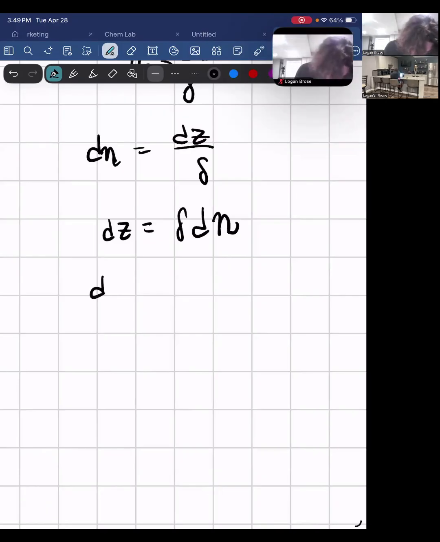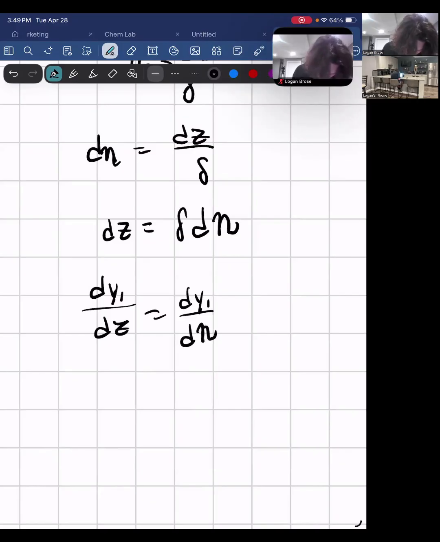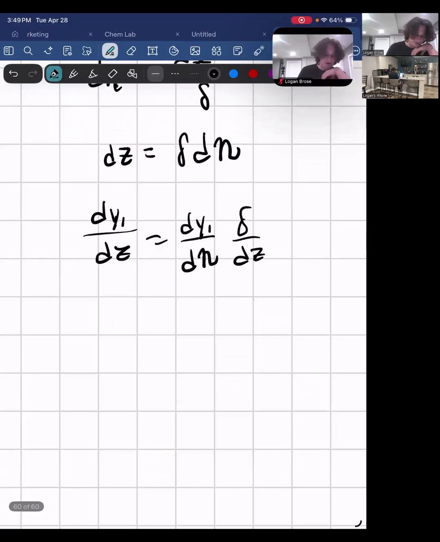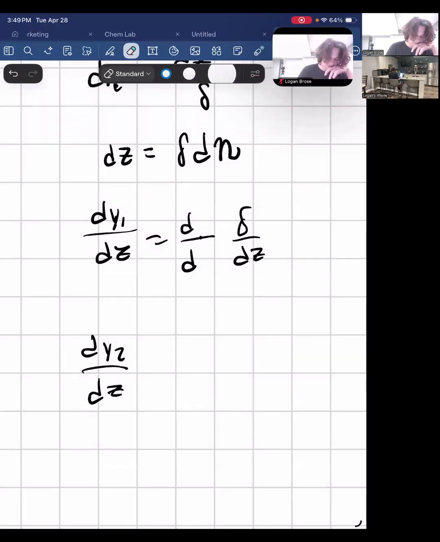So it'll be dy1 over dz equals dy1 over dn times our delta over dz. And then we can do the same thing for y2. So it's dy2 over dz. And this is wrong.